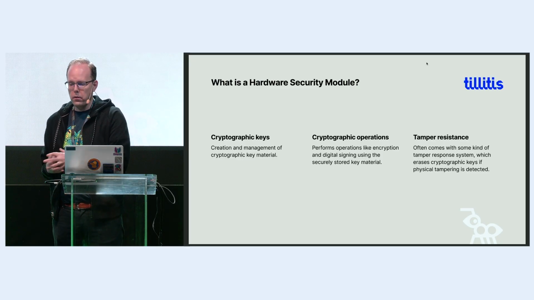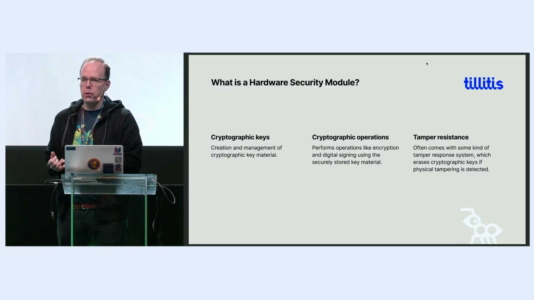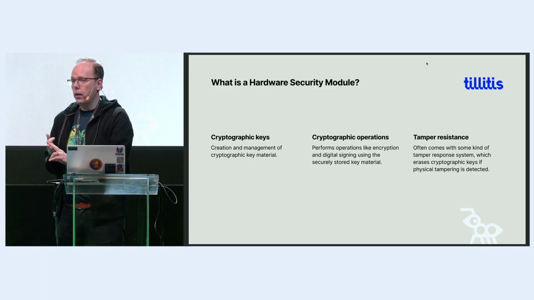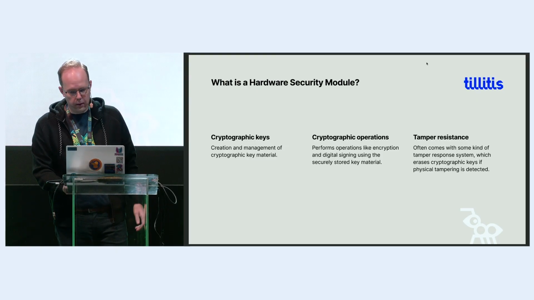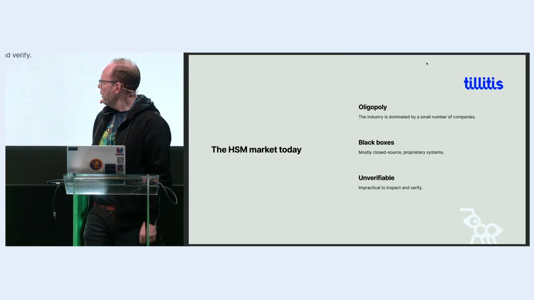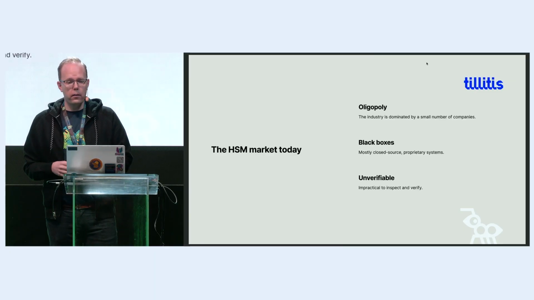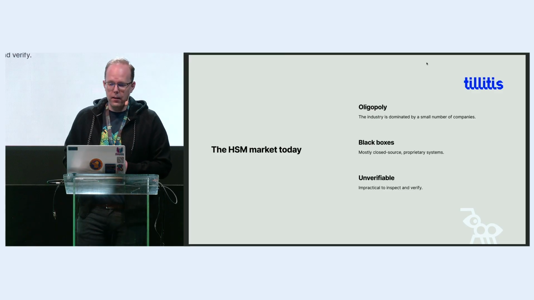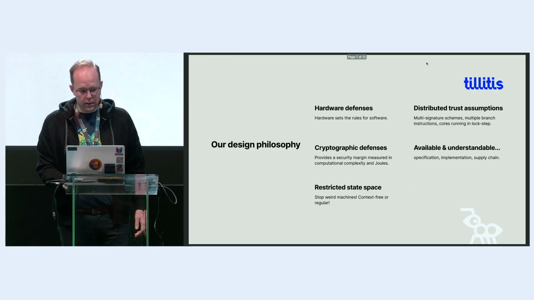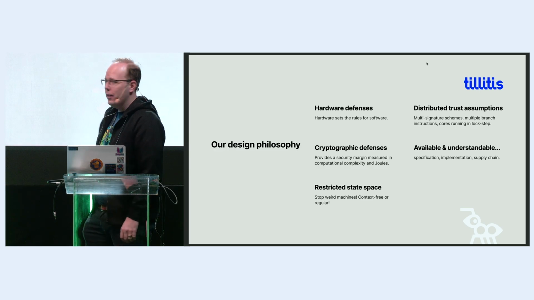You do operations using those keys, and you have tamper sensors like pressure or temperature or vibration or GPS position or other things. The HSM market today is mostly an oligopoly consisting of unverifiable proprietary black boxes. And wouldn't it be nice if instead it was slightly more open? So that's what we're trying to do.